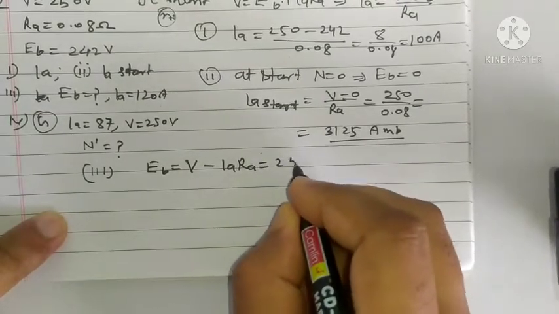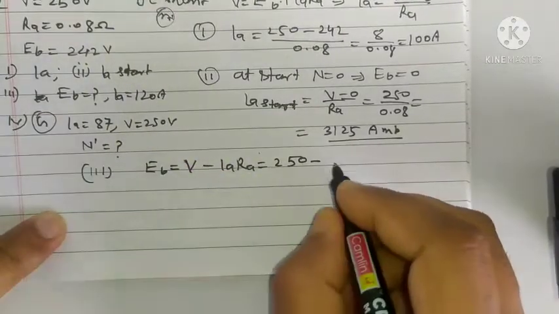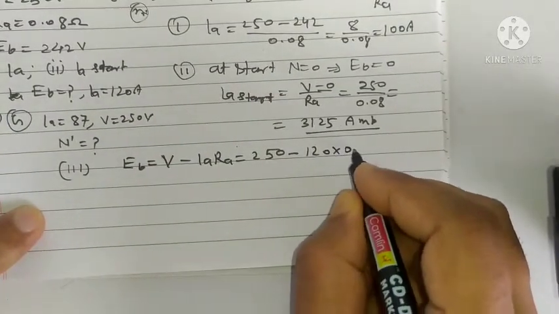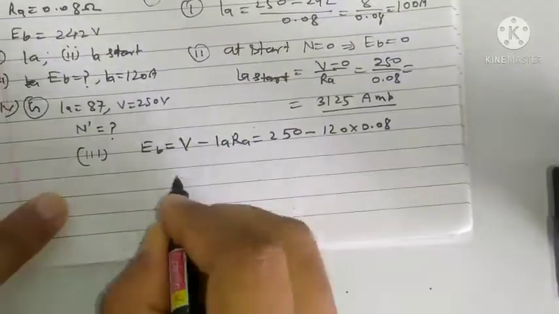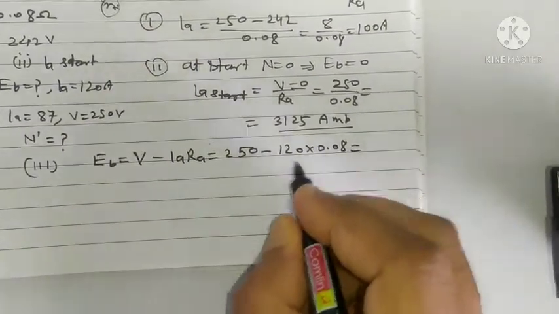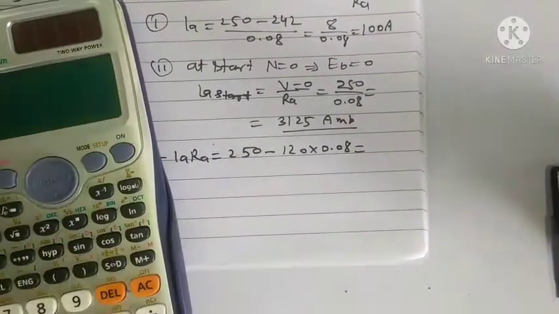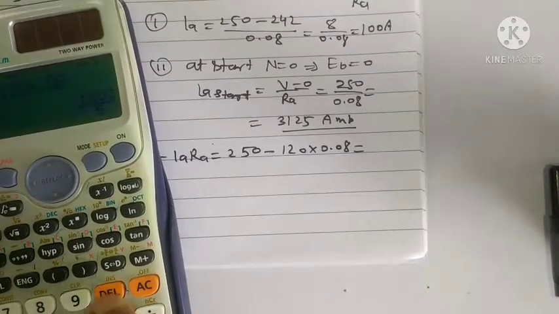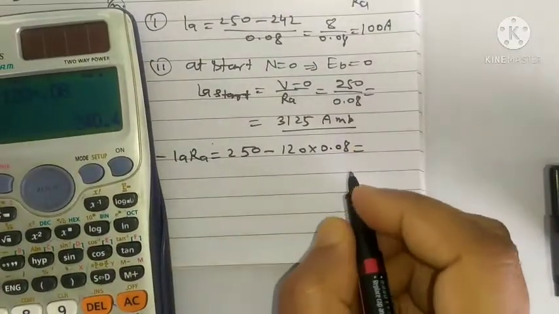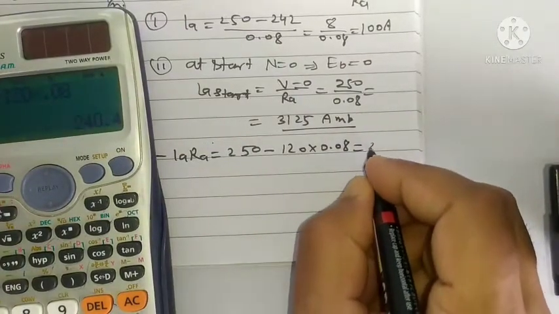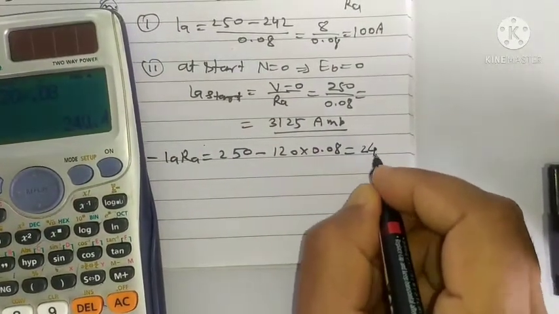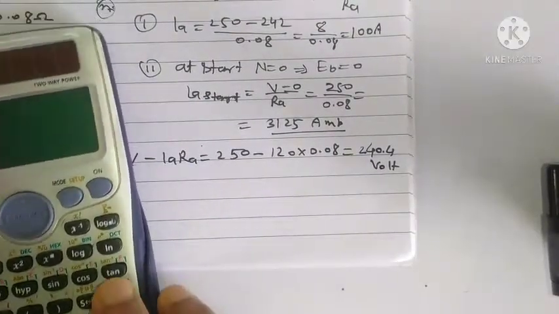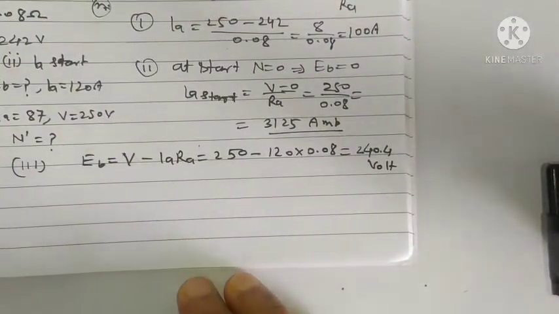V was 250, new I is 120 into Ra, which is 0.08, so it comes as 240.4 volt. So this was the new back EMF.